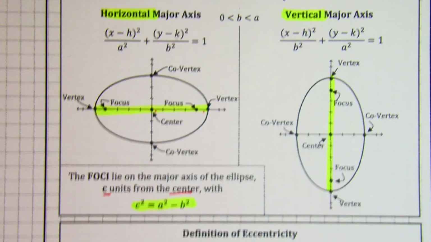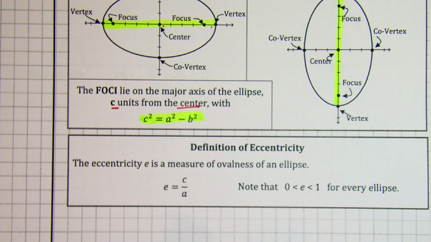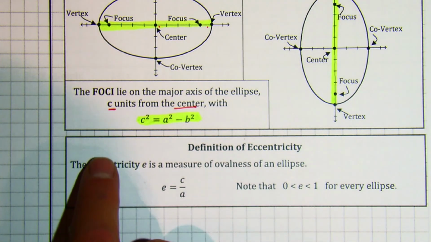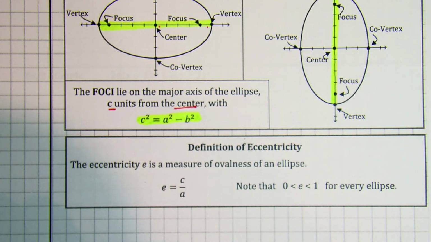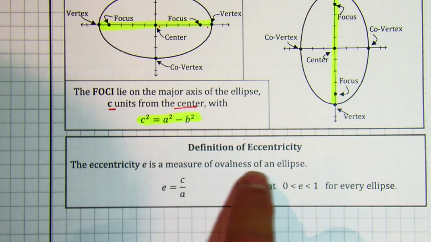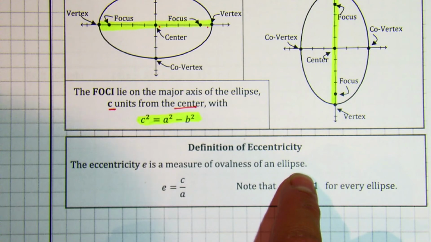And we have something called eccentricity that we're going to have to find as well. Then we're going to go over the different eccentricities for each of the conic sections and how they apply once we get to section 8.3 or 8.4. The eccentricity e is a measure of the ovalness of an ellipse. How oval is the ellipse?